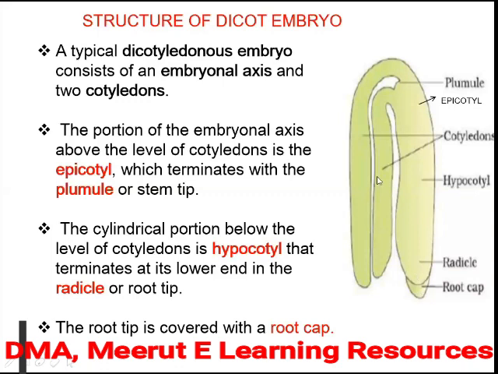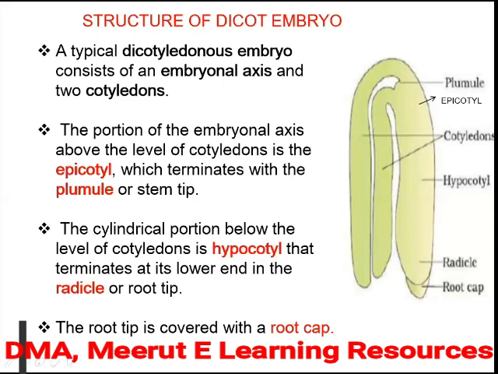So in this way the dicot embryo is seen. It is divided into epicotyl and hypocotyl. Epicotyl ends with plumule, hypocotyl ends with radicle, which is covered by a root cap, and it has two cotyledons. So this is the dicot embryo.